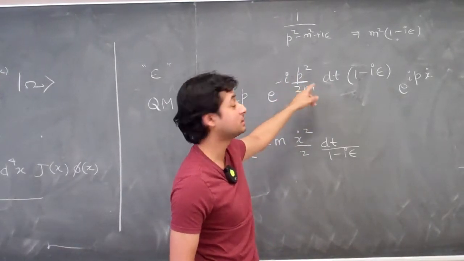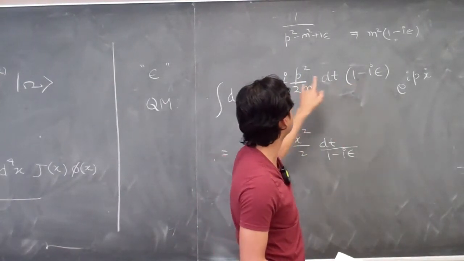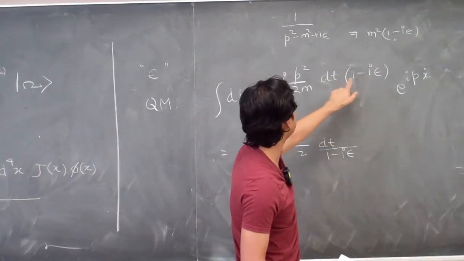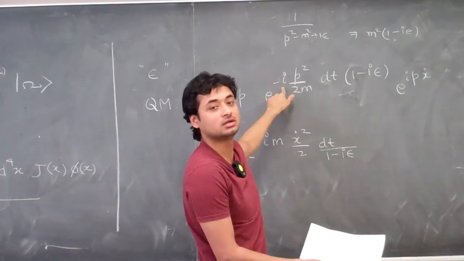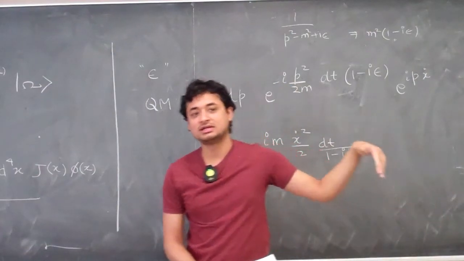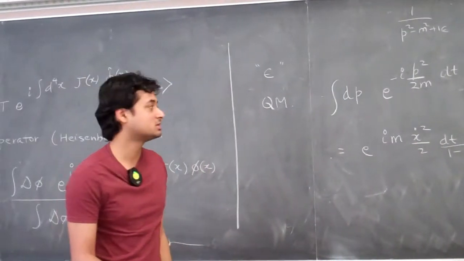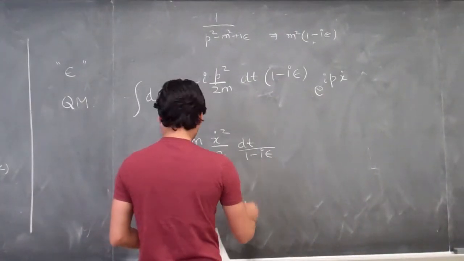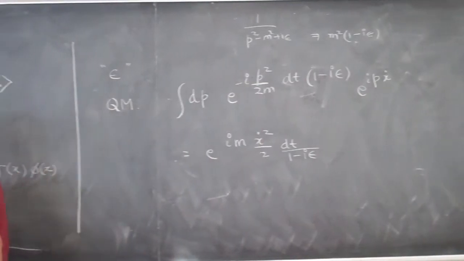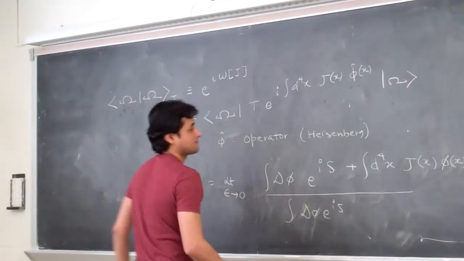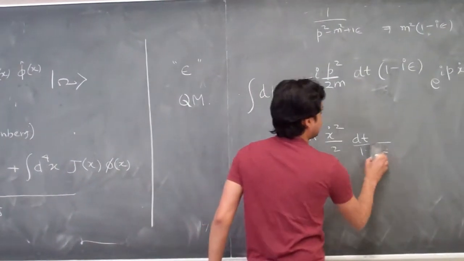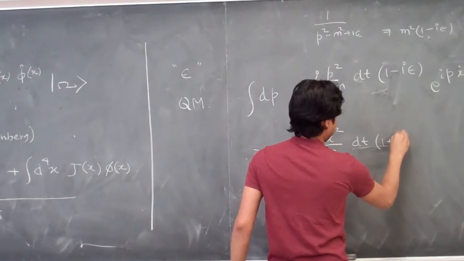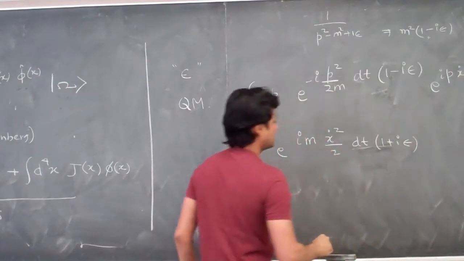Don't worry about the convergence factor, it will come out because this epsilon minus I epsilon times minus I is minus 1. So there is an overall damping factor in front, and this is making the Gaussian integral well behaved. I can write it like this, or I can write it like that. Okay, it's the same thing.